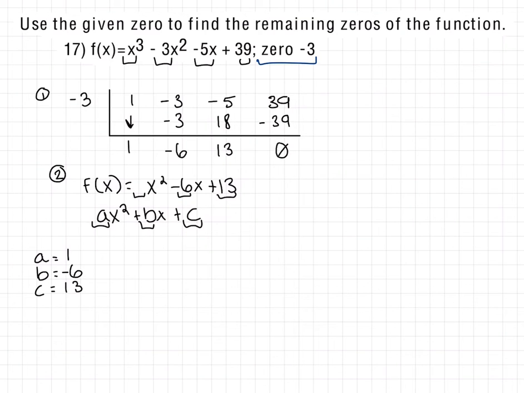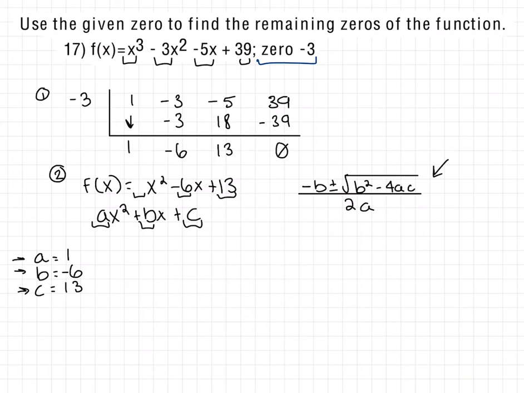And if you can recall the quadratic formula, you have negative b plus or minus the square root of b squared minus 4ac, divided by 2a. So we're going to go in and plug in our a, b, and c into our quadratic formula to solve for our remaining zeros.